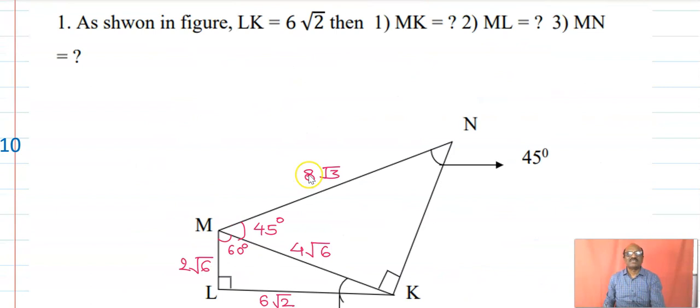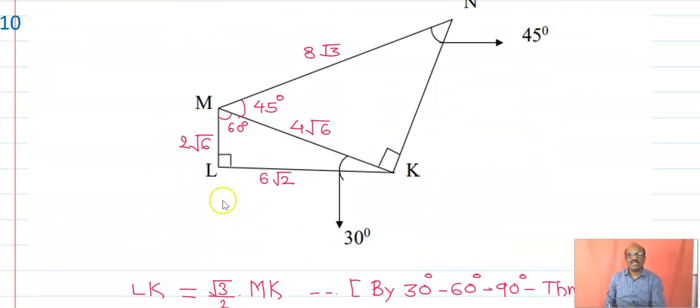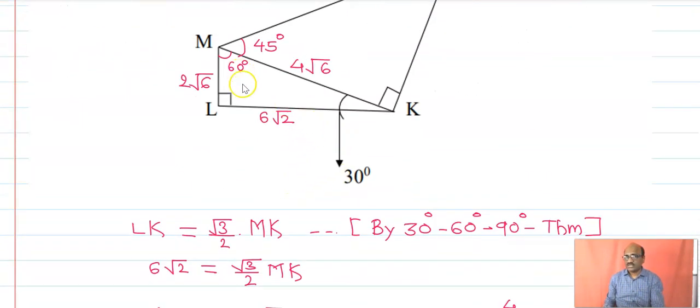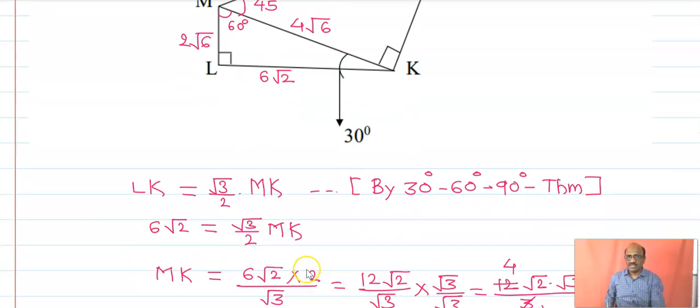They are fractions, so the calculation is a little difficult, but we know the property. First of all, I will repeat it. LK is equal to 6 root 2, and it is the side opposite the 60 degree angle. Therefore LK is equal to root 3 by 2 MK. That is 6 root 2 equals root 3 by 2 MK.